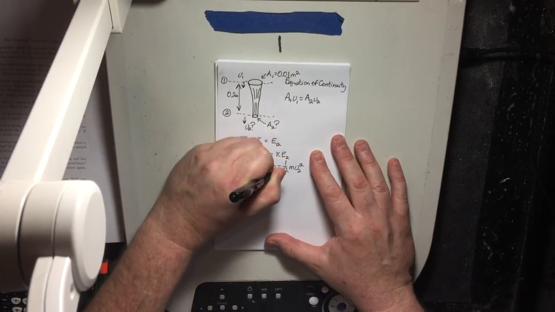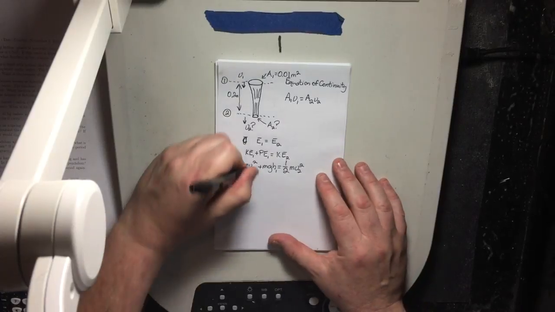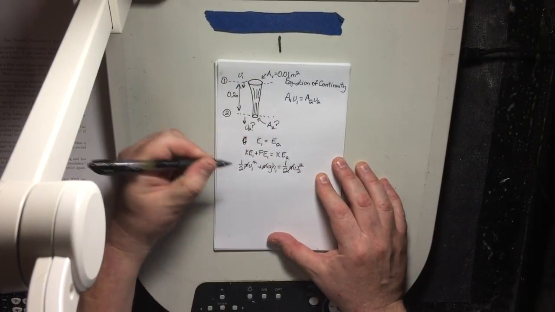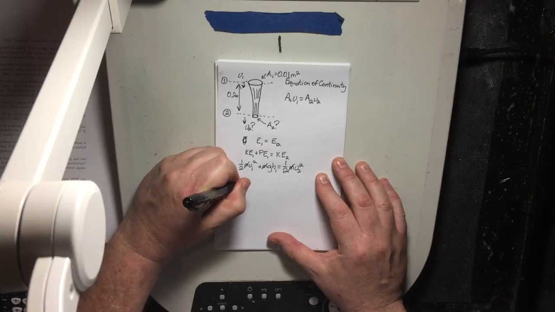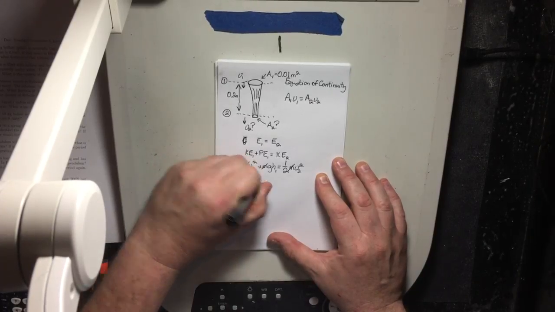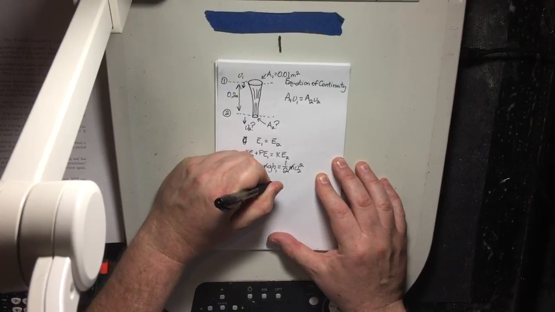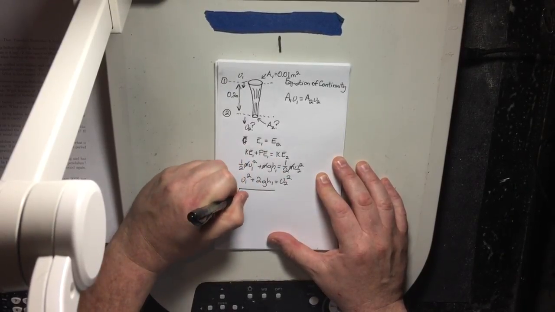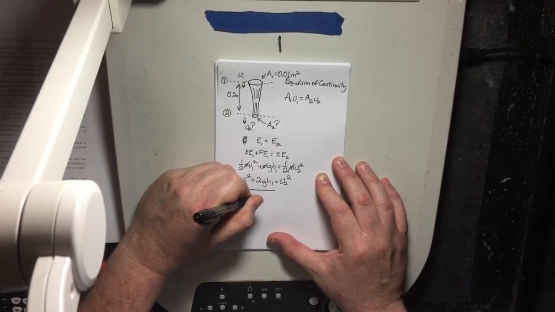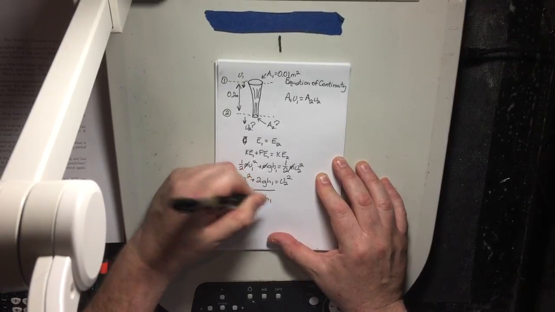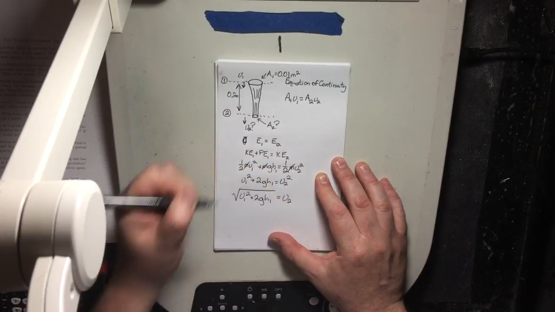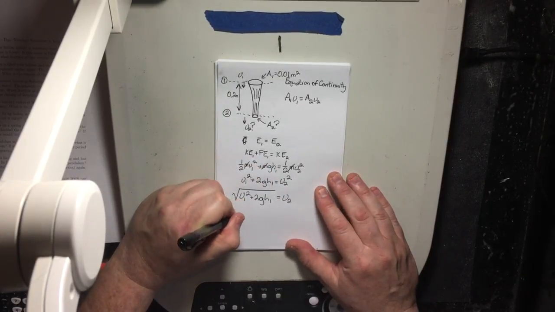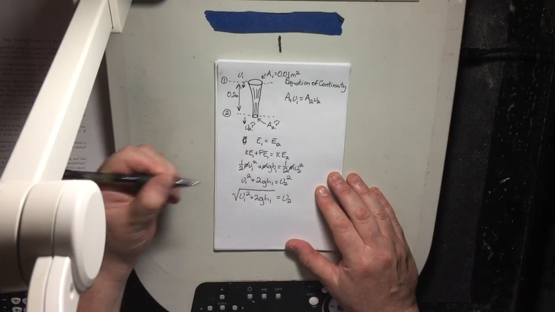1/2 mv2 squared. All of these have an m term, so they cancel, and I'm left with v1 squared plus 2gh1 is equal to v2 squared, and so the square root of v1 squared plus 2gh1 is equal to v2. v1, I didn't give a v1.